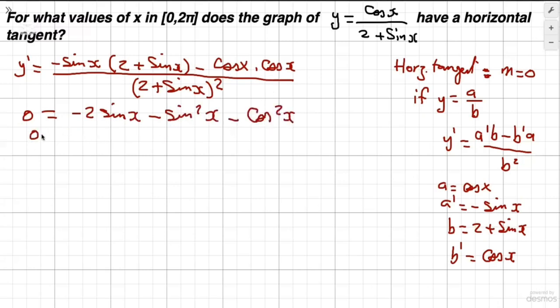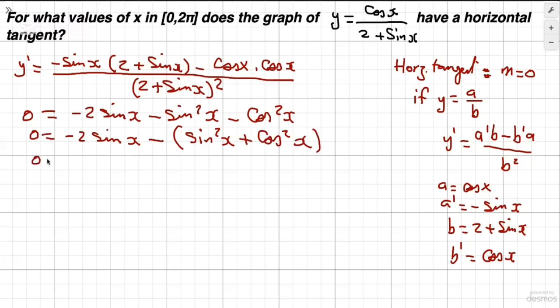This works out to be negative 2 sine x. You know what? I'm going to factor out a negative from these two, because I'm seeing that if I do that, I'm going to get 1. And that's the first Pythagorean identity in the trig section, which is sine squared plus cos squared is 1.